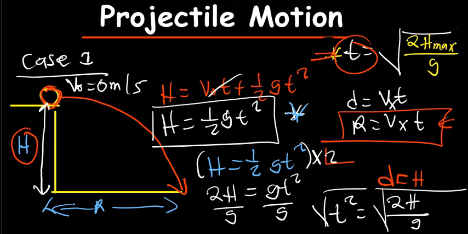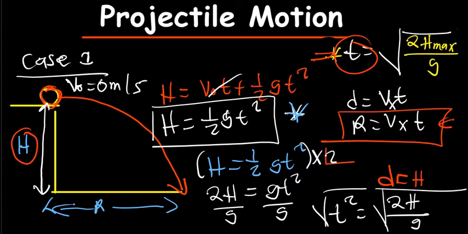When you hear that a ball was thrown with an initial velocity of 0, or that it started from rest, just know that that is the first case. Have I made myself clear? Yes. So as long as they are talking about the initial velocity being 0 at that point, then it is the first trajectory.